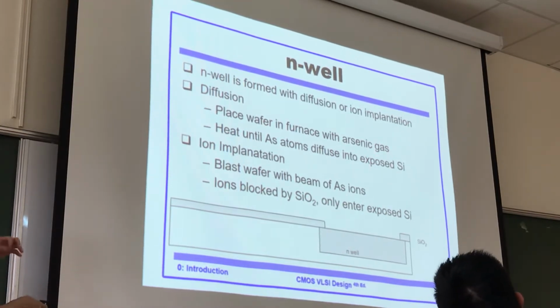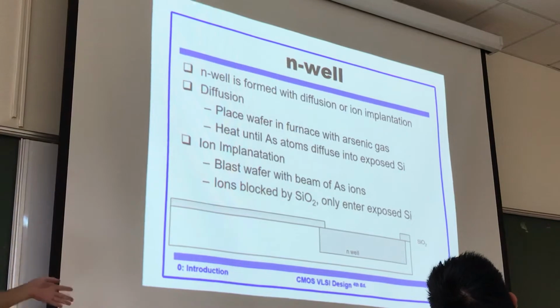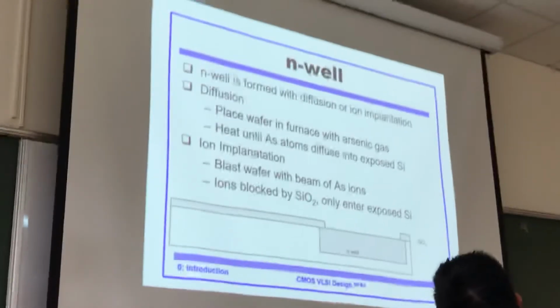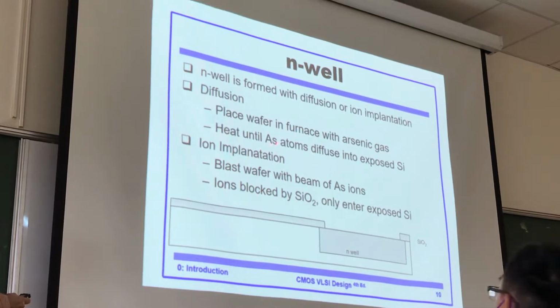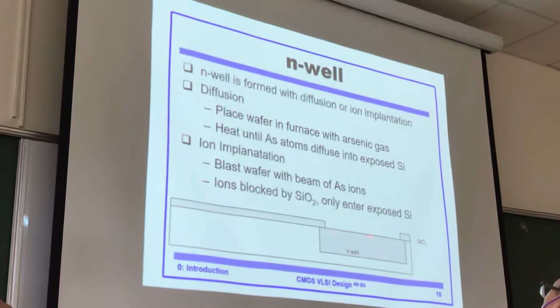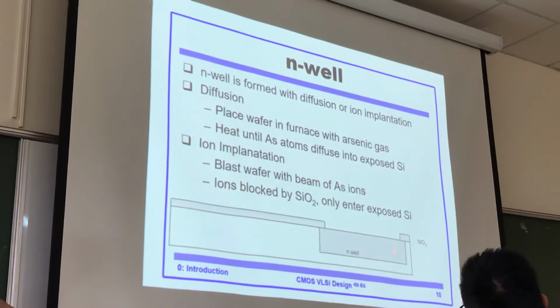Arsenic element into the silicon becomes N-type material, the N-well. Heat until arsenic atoms diffuse into the silicon. This is the whole surface. Then the arsenic atoms will diffuse into the wafer.